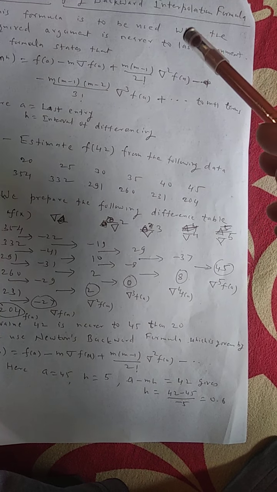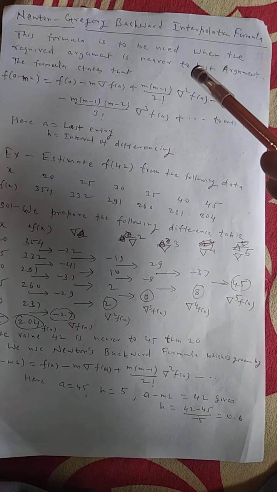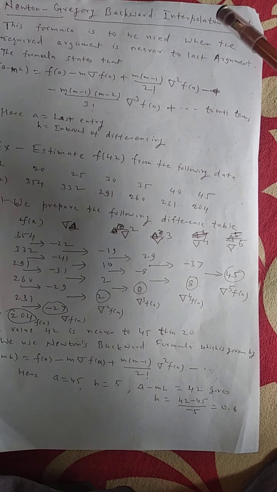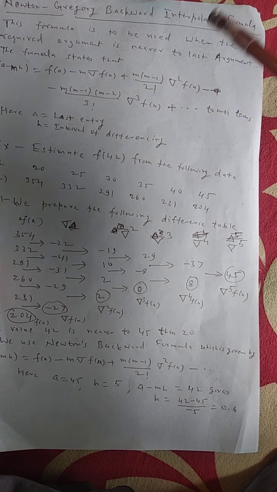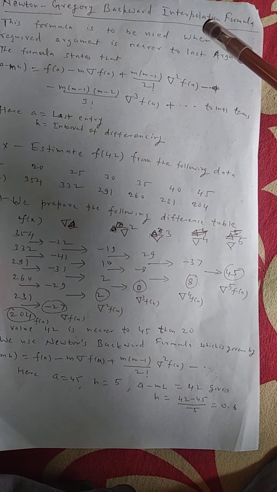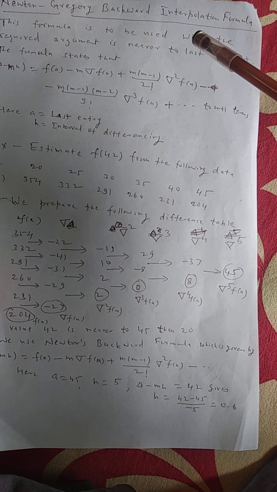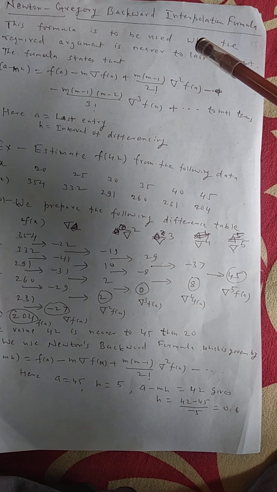And if the required argument is nearer to the last argument, then we use the backward interpolation formula. Both the formulas are used where the interval of differencing is constant.